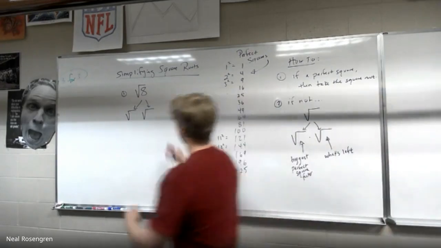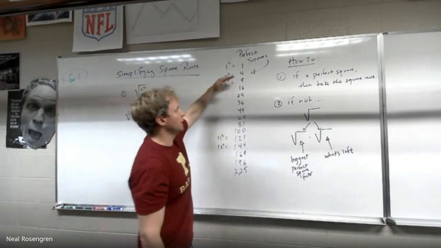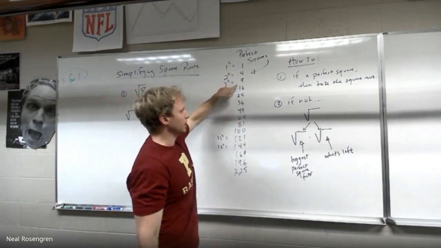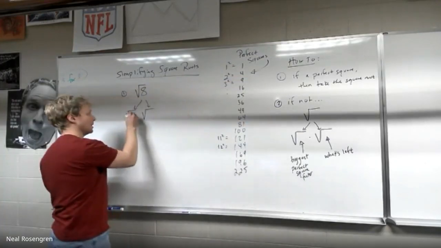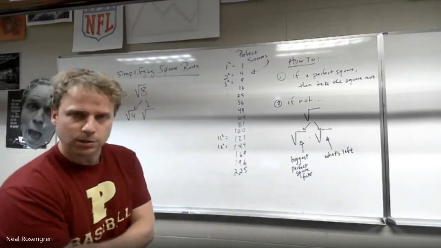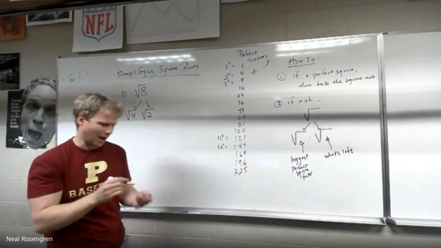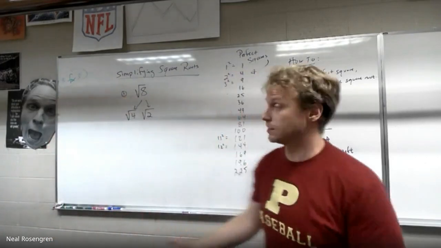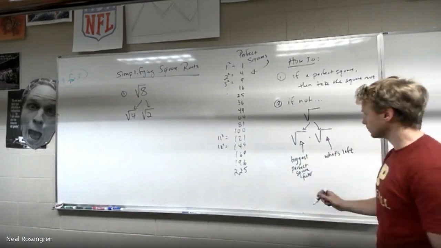Like for 8, the biggest perfect square that goes into 8, well, 9's too big, 16's too big. I'm looking for numbers smaller than that. The biggest perfect square that goes into that is 4, because 8 divided by 4 is perfect, no fractions, no decimals. 8 divided by 4 is 2. I'm stuck with whatever that second square root is going to be once I choose that biggest one.